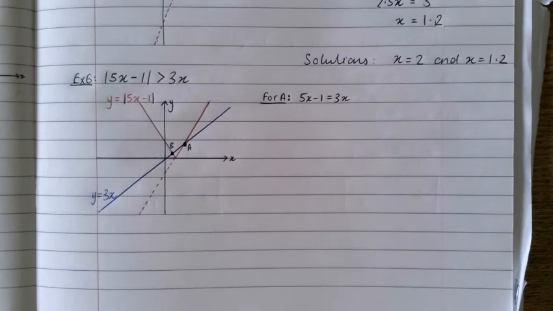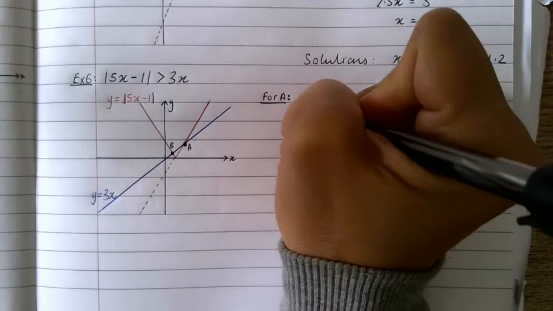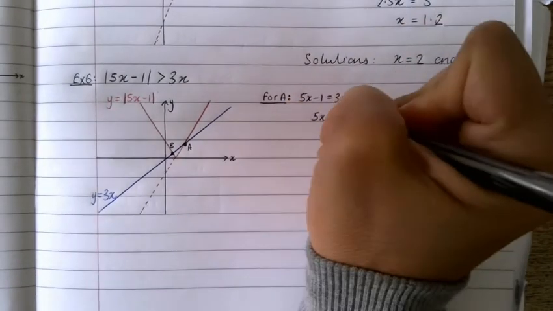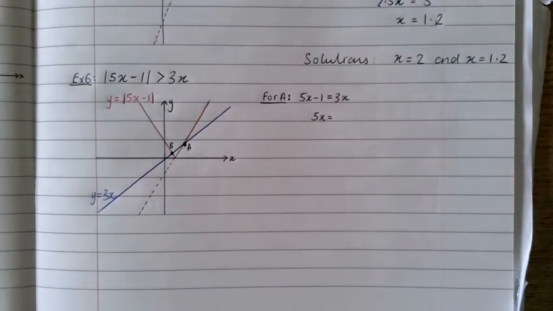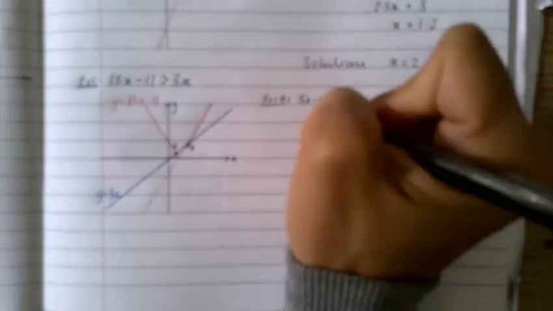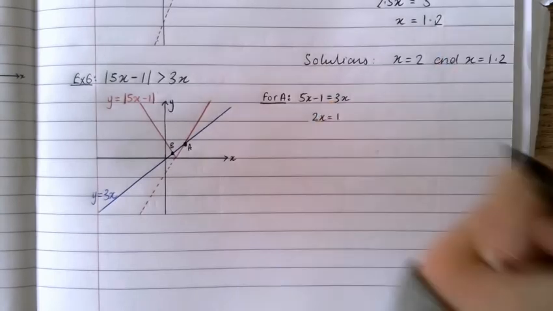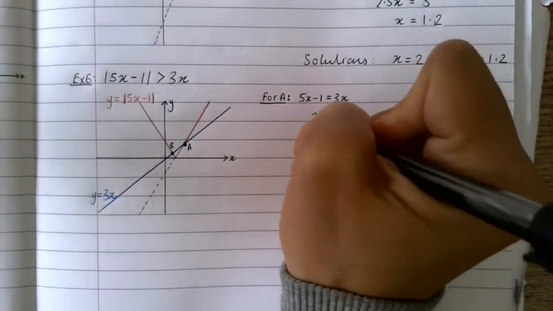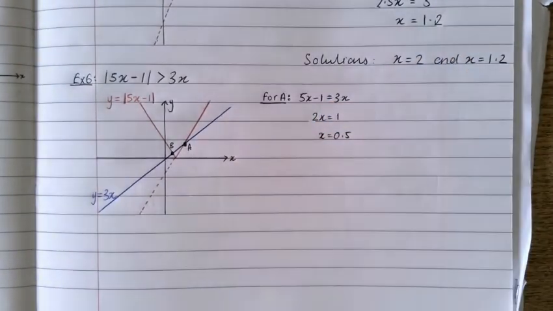I'm trying to write smaller here so that I can save space. So solving this equation, I'm going to take away 3x on both sides to give me 2x, and add the 1 to that side to give me 1. So we have x is a half, or x is 0.5.